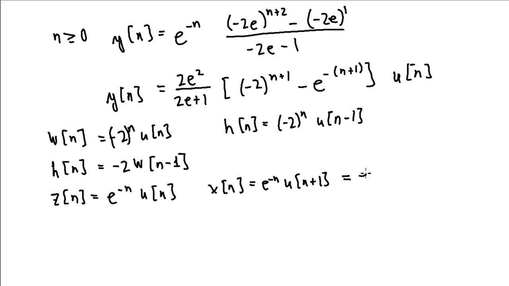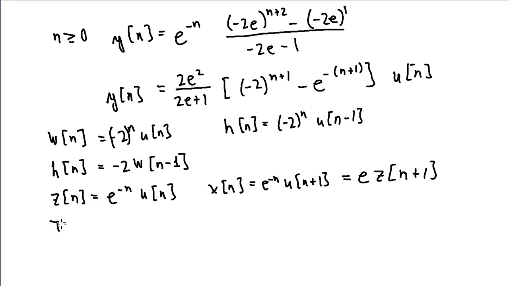You can see that it's just e times z of n plus 1. The reason I do this is because I can find the convolution of w of n and z of n, these two unshifted functions. They're in my convolution table.